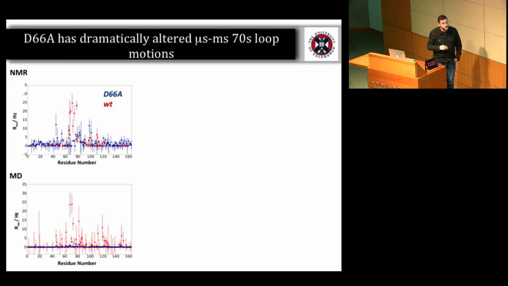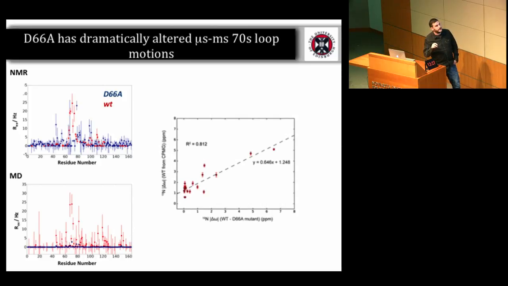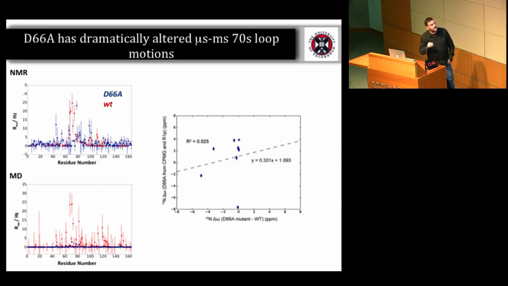However, if you look at the correlation between the chemical shift of the excited state of the wild type and the dominant state in the mutant, they correlate quite well. So that's hinting that these states are somewhat similar. However, when you try to correlate the chemical shift of the mutant with either the dominant state in the wild type or the excited state in the wild type, they don't look alike.